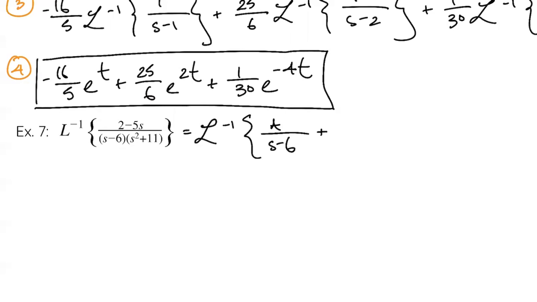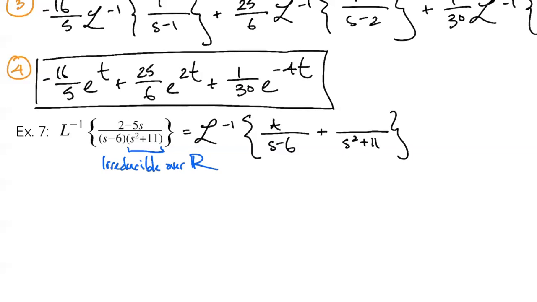And so for that reason, we're gonna say that s squared plus 11 is irreducible over the real numbers. Now, since it's irreducible, that gives us our s squared plus 11 as the denominator for the second partial fraction.